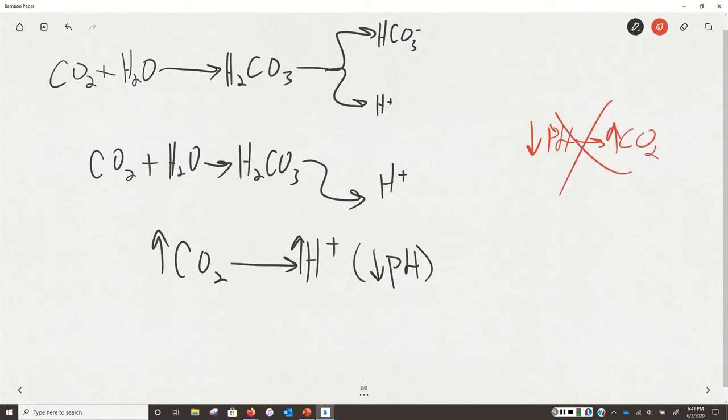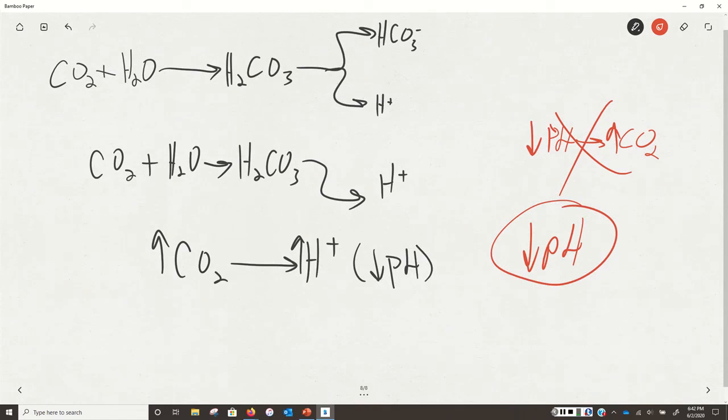Lots of things can influence pH. If there was a drop in pH, maybe it was because CO2 went up. But maybe it was because lactic acid built up. Maybe it was because the person was diabetic and has ketoacidosis. Maybe it was from any number of reasons. Just because there was a drop in pH, that does not mean anything at all about CO2.